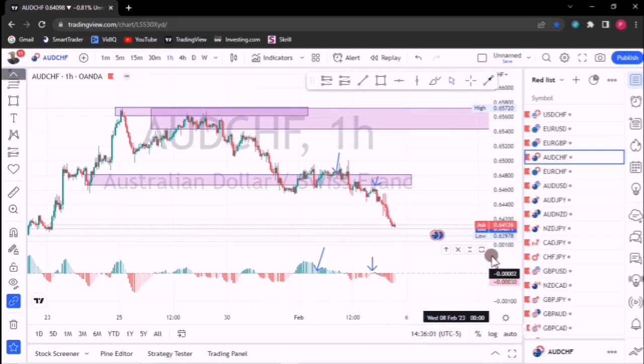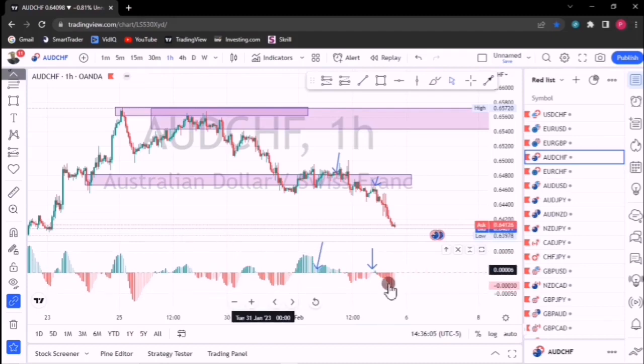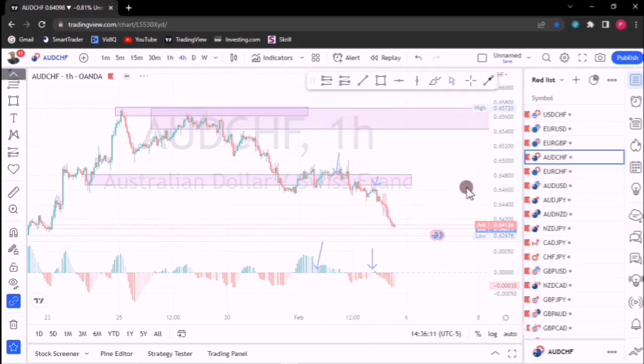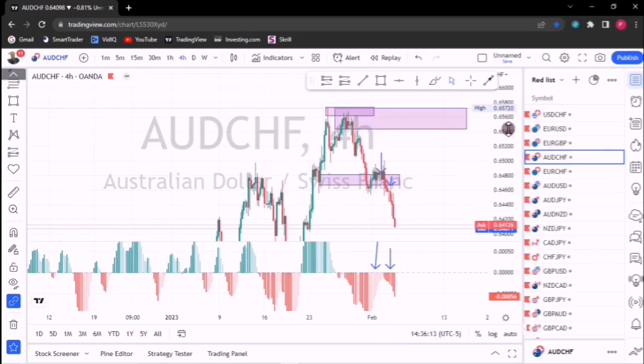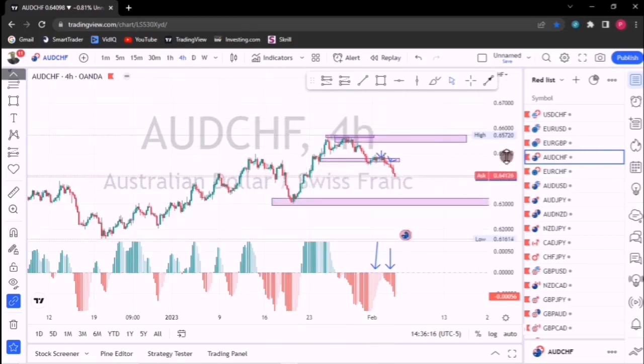This is the pullback on the MACD. Small, but it's valid. Okay, let's take the last pair. So right now we missed the entry right here. What you can wait for is for price to make it through either this level or this key level.